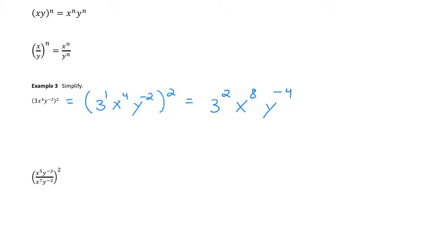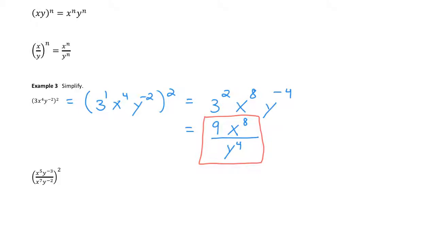So continuing, 3 squared is 9. I have x to the 8th, and now I have this y to a negative exponent. And as we talked about in the previous example, all that means is the y moves to the denominator with a positive 4. And this is the final answer to that first part.